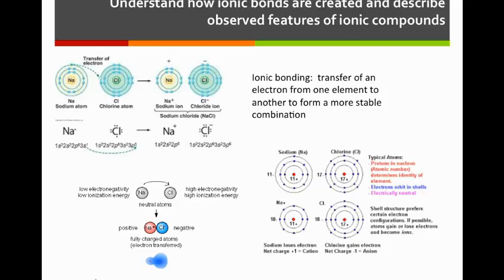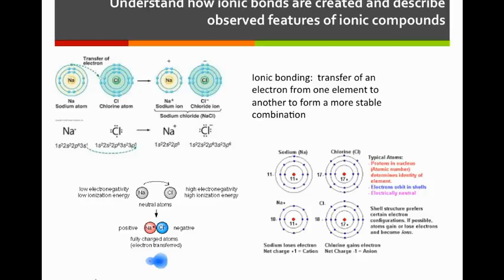The first thing we need to do is to look at ionic bonding. Ionic bonding is nothing more than a transfer of an electron from one element to another to form a more stable compound. Look to your left at the picture of sodium and chlorine.